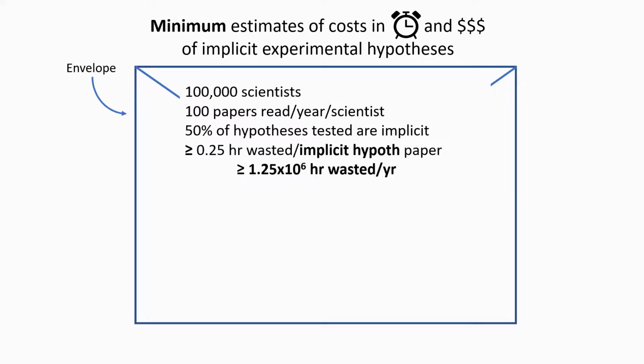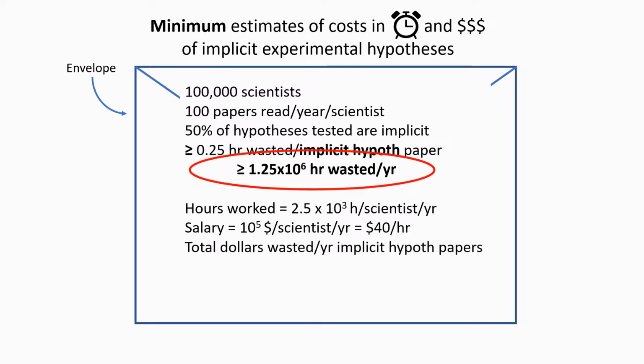I assumed that it took an extra 15 minutes to read and understand a paper based on an implicit hypothesis, and across this group of scientists, this would mean an additional 1.25 million hours of wasted time per year. Now, in terms of money, if we assume our scientists work 50 hours a week, that would be 2,500 hours per year per scientist.